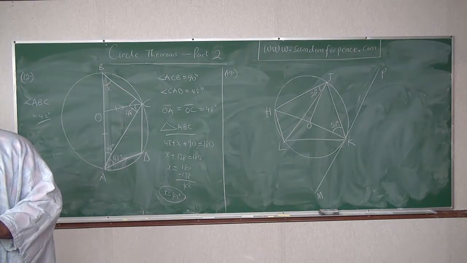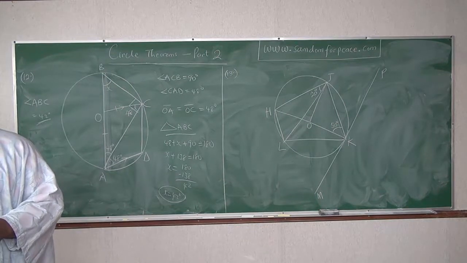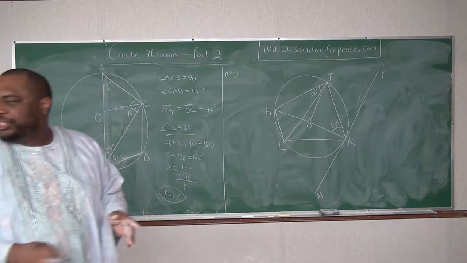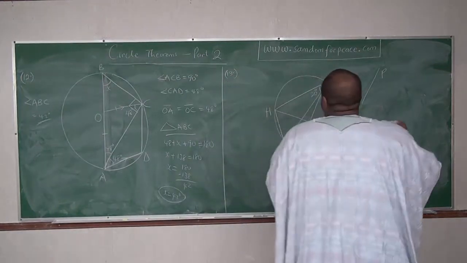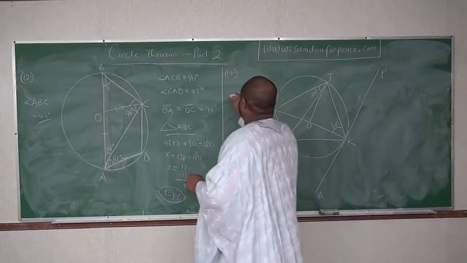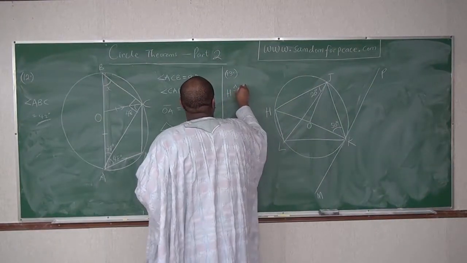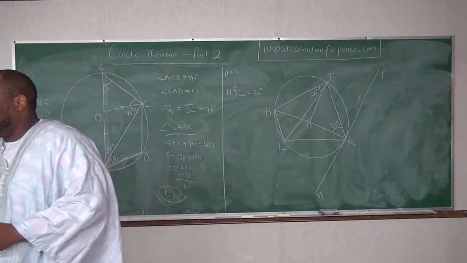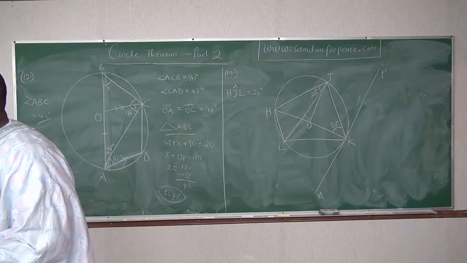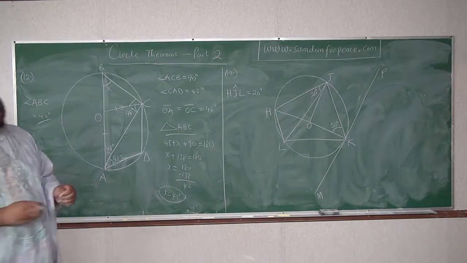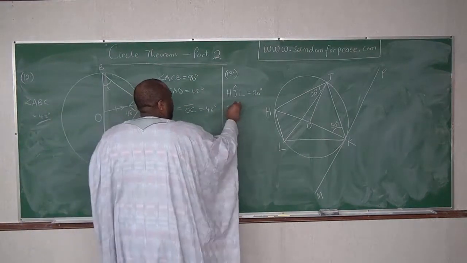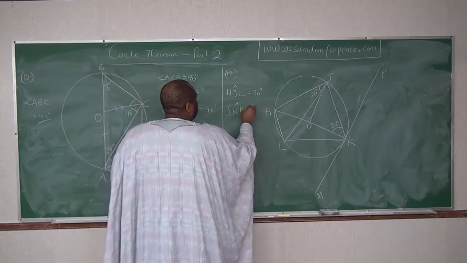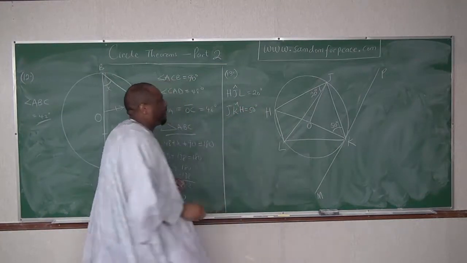The measure of angle HJL is 20 degrees, and JKH is 50 degrees. Okay?